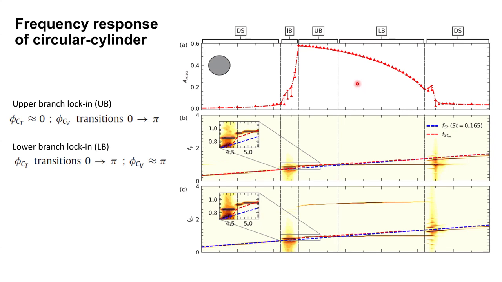Now, the cylinder is showing a typical response: a lock-in region, and then desynchronization, and then initial excitation. Now, if you look at the frequency, it is non-dimensionalized with respect to the natural frequency of the cylinder, and you can see the value is almost 1. So this streak-line kind of behavior is showing it is locked to its natural frequency, and this is a typical characteristic of a lock-in regime.